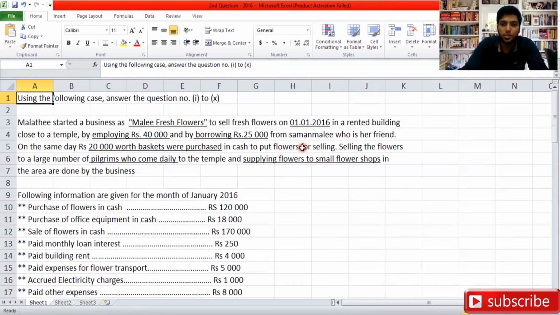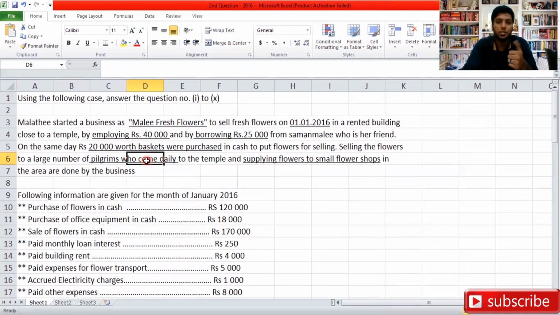So there's no credit transaction in this business. Except for this lady who has given some money, all others are cash transactions. So I will use a few primary books: one is the cash book, the other one is the general journal. The reason I didn't take the sales journal, purchase journal, return inward journal and return outward journal is that I'm not doing any credit transactions, so I'm avoiding these four types of journals.